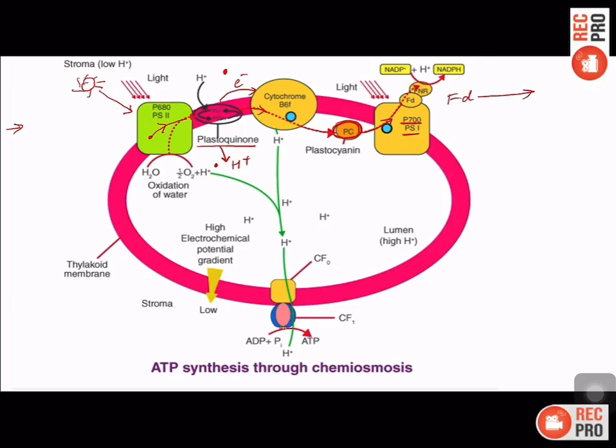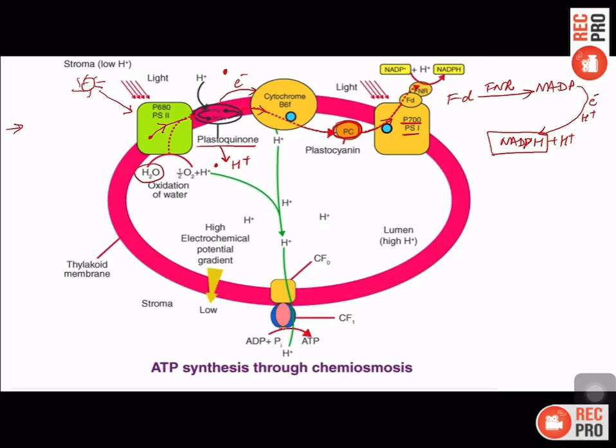Here, ferredoxin in the presence of the FNR enzyme will convert NADP into NADPH, with the help of 1 electron and H plus from the stroma, into NADPH plus 1 H plus ion or 1 proton, right?